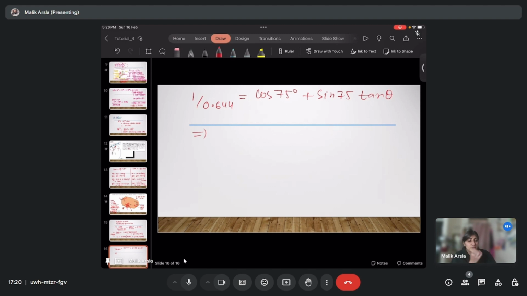Tell me the values quickly. Use a calculator. When you solve it, tan theta comes out to be 1.339. So theta comes out to be 53.25 degree.